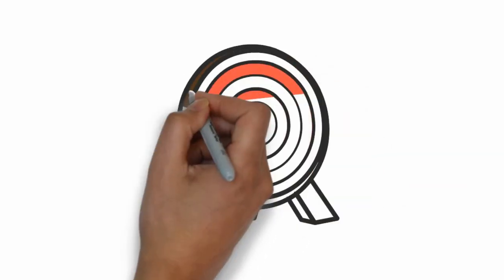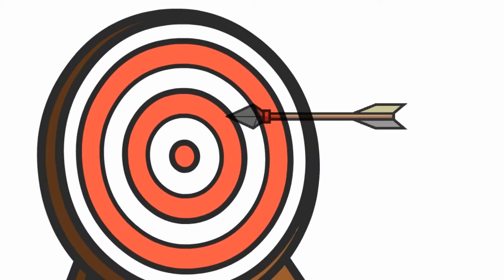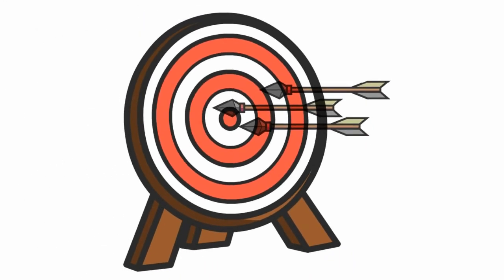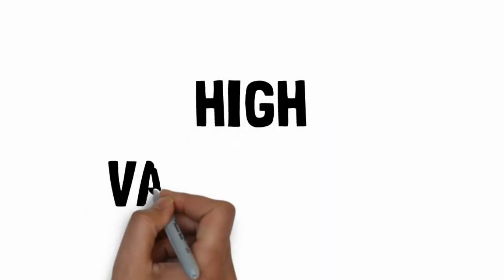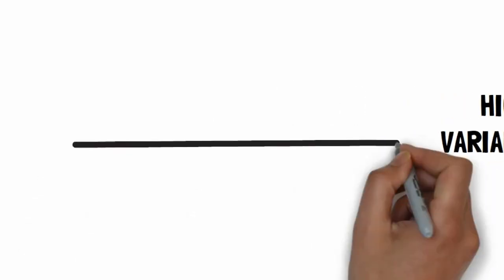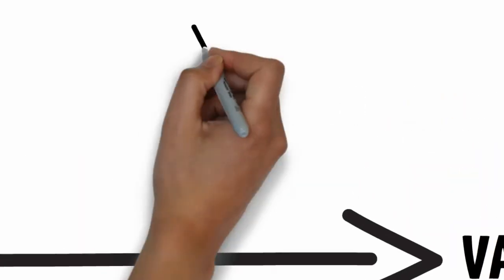Let's use this example. Having a problem with high variability on archery. So that is going to be on the head of my fishbone. Then I'm going to draw the branches for the 6M.